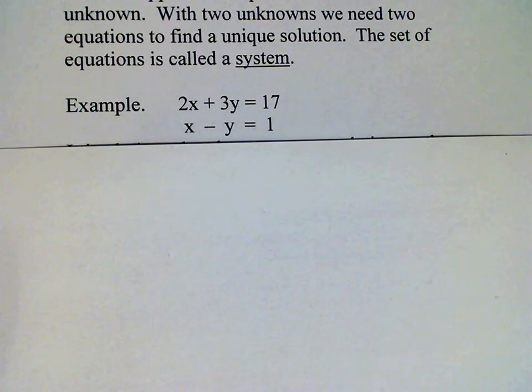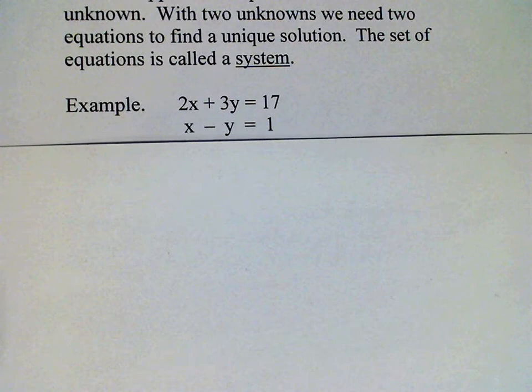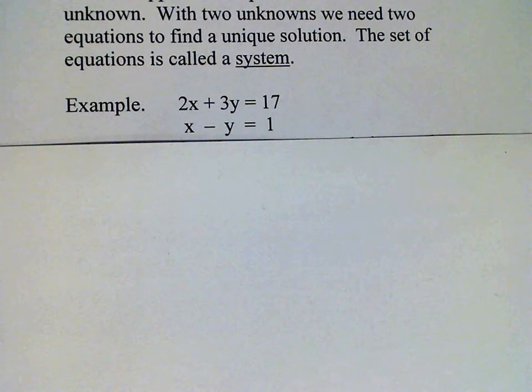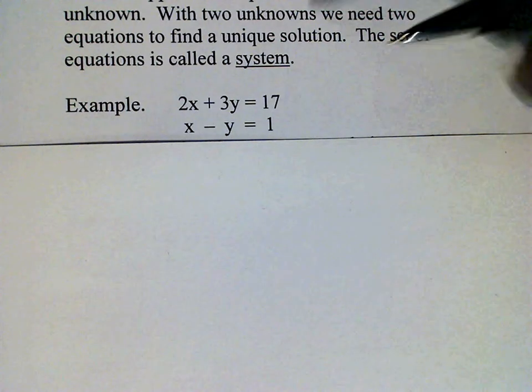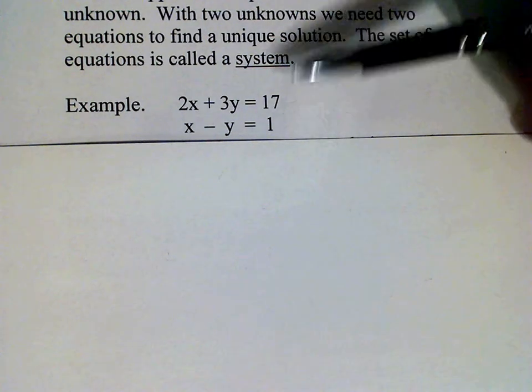So, for example, we have 2x plus 3y equals 17, and x minus y equals 1. These two equations taken together form a system.